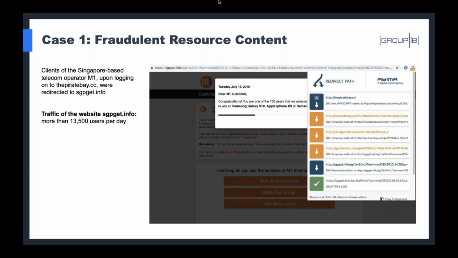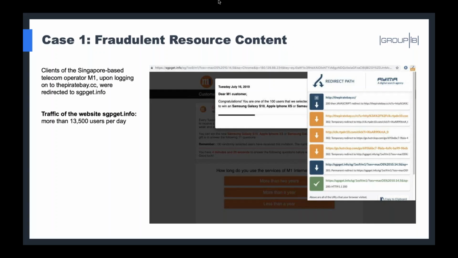And you can see that users of this telecom operator who try to get an access to the piratebay.cc, I will suggest you not to try getting access to piracy web portals. It always leads to some bad result. But all these guys tried, and it occurred a failure.